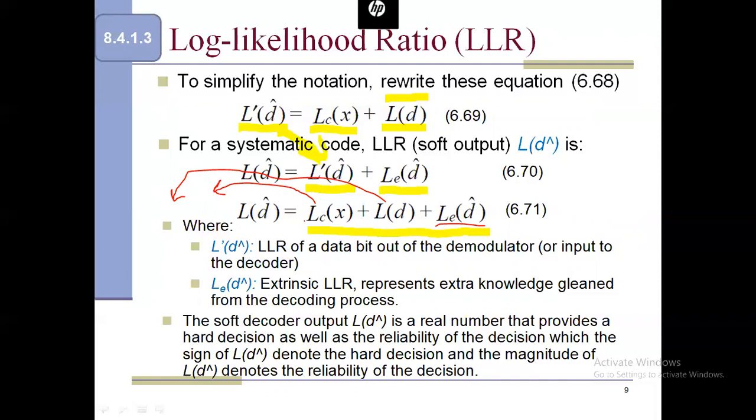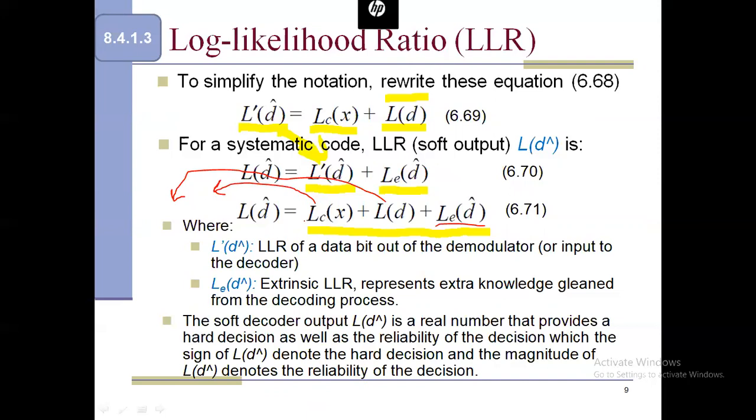Log helps us to change it to numeric values. So all these components are just a number. It helps us to have real numbers, and on the basis of these real numbers, we can have the confidence level of deciding the two data symbols 1 and 0, right?